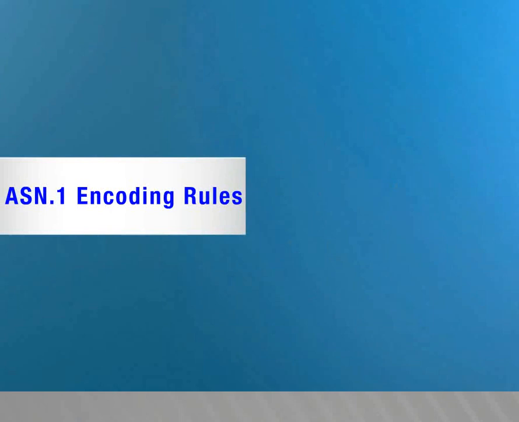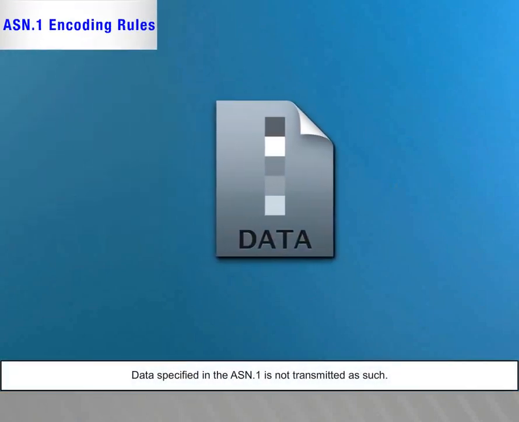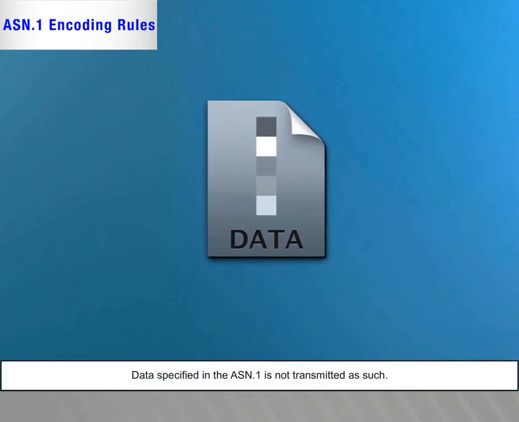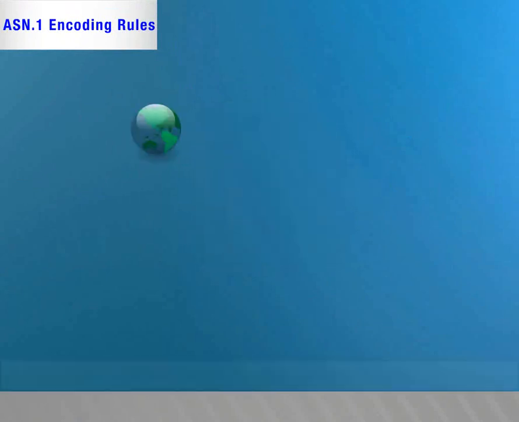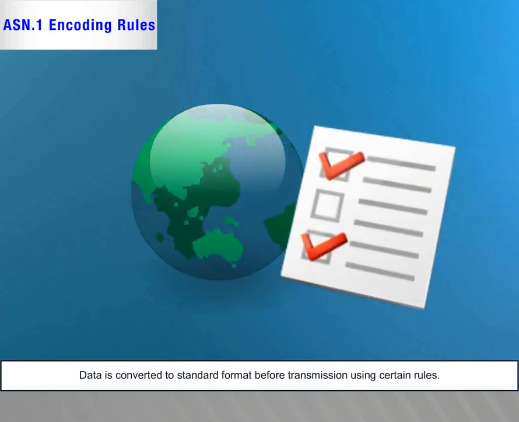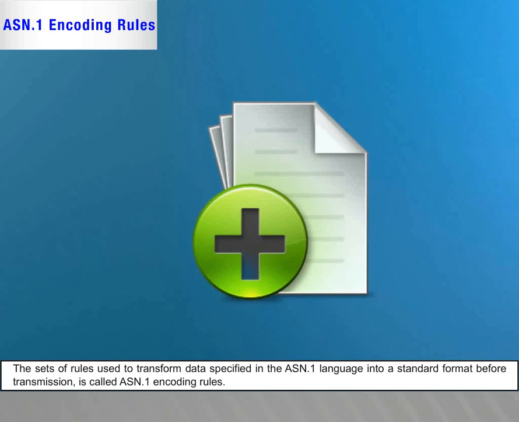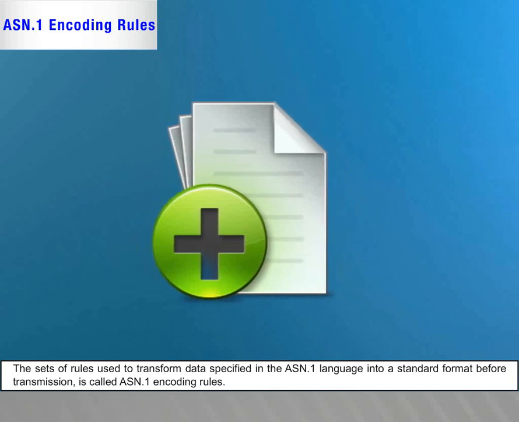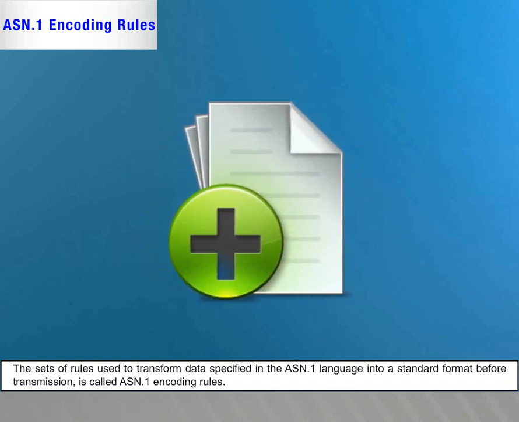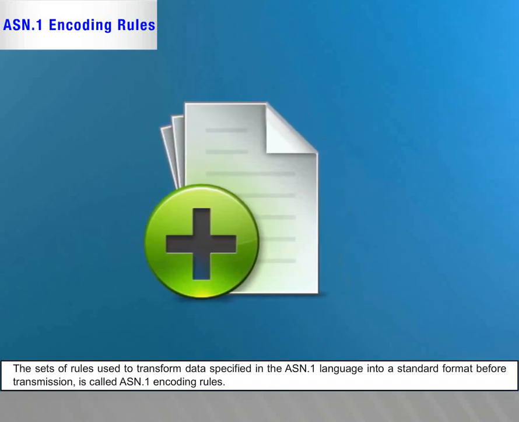ASN.1 Encoding Rules. Data specified in ASN.1 is not transmitted as such. Data is converted to a standard format before transmission using certain rules. The sets of rules used to transform data specified in the ASN.1 language into a standard format before transmission is called ASN.1 encoding rules.